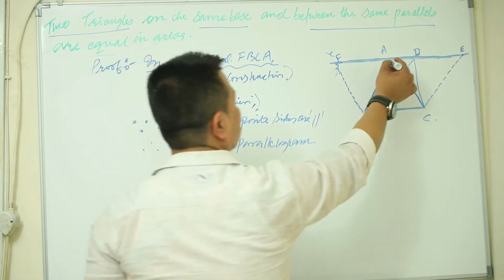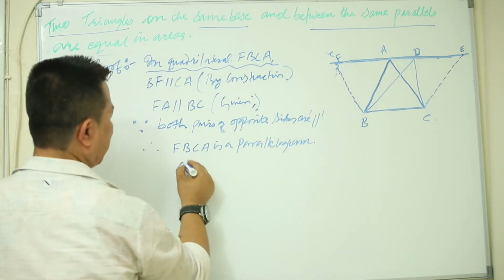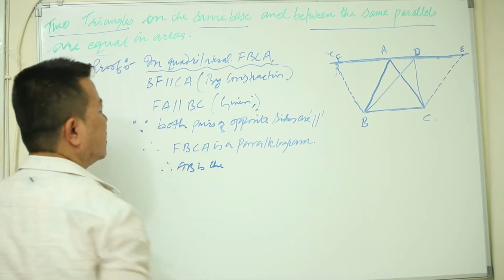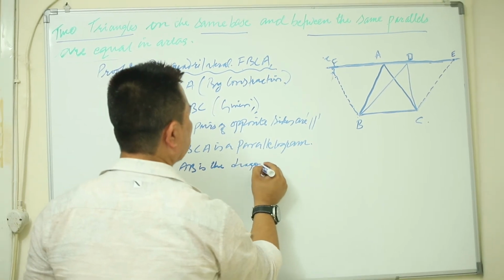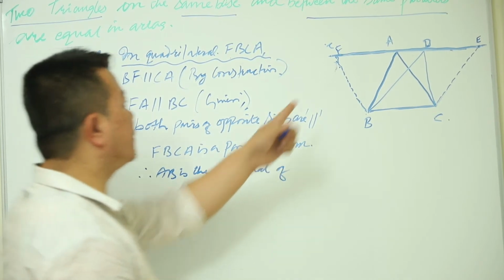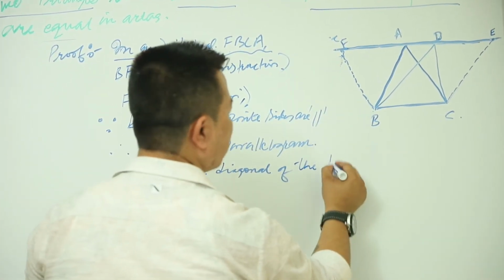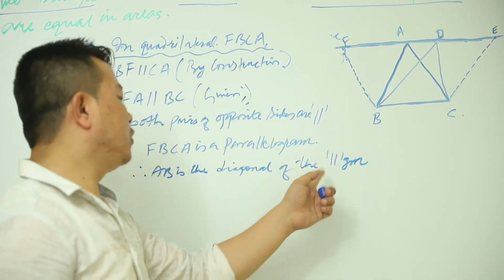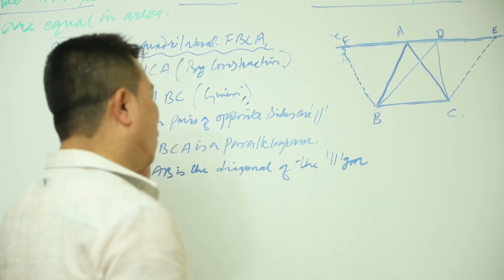So what you can write: since AB is the diagonal of the parallelogram, I will write abbreviated to save time, but in your exam, in your test, you have to write the full spelling, parallelogram.